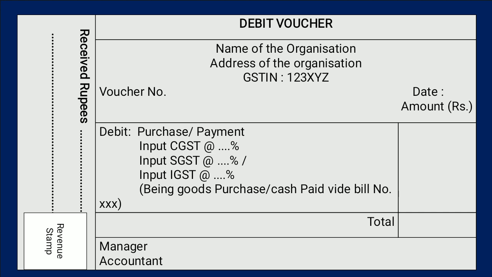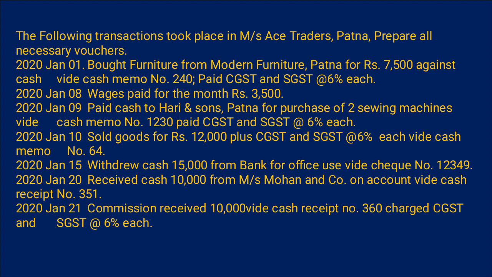Let's see a real life example of how we prepare a debit voucher or credit voucher. So here we have one transaction that we can see. On January 22, bought furniture from Modern Furniture, Patna, for rupees 7,500 against cash, cash memo number 240, paid CGST and SGST at the rate of 6% each.